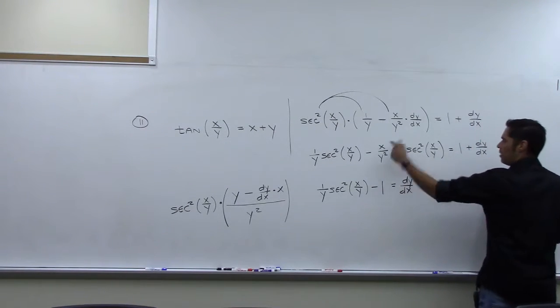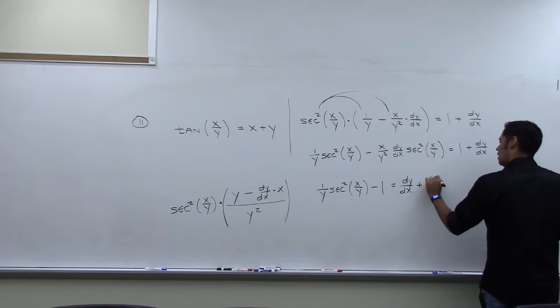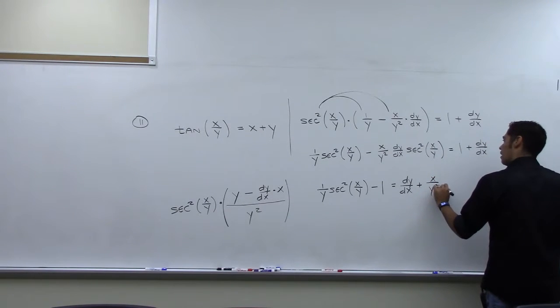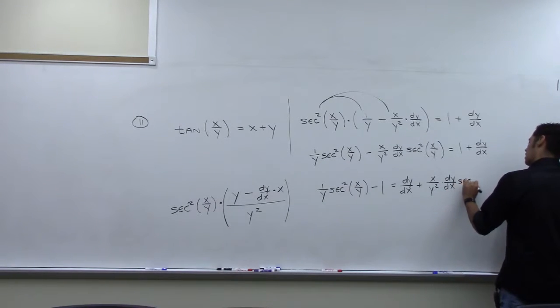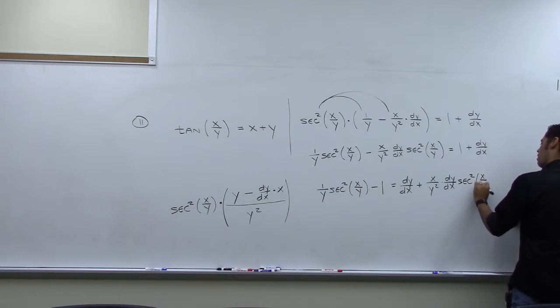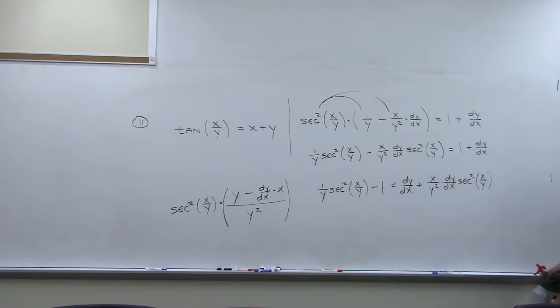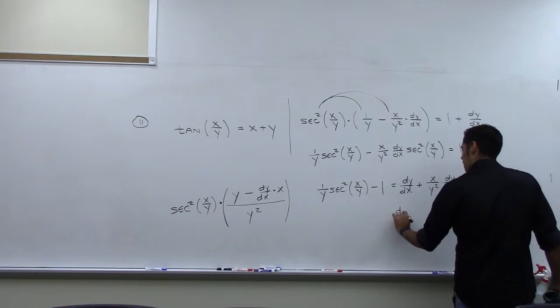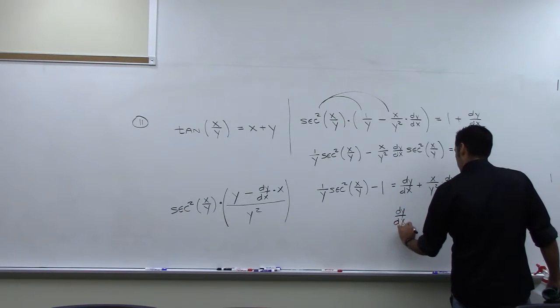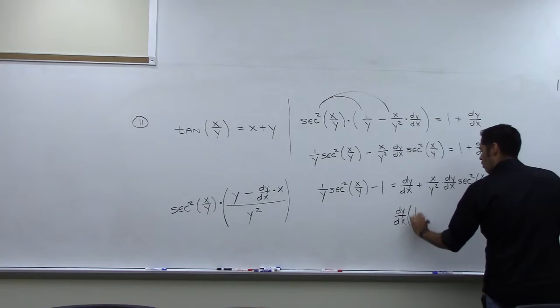But dy dx is still on the right side, and then I brought this whole thing over, so now it's positive. x over y squared dy dx secant squared of x over y, like that. All right, both of these terms have dy dx, so I'm going to factor dy dx out. That was the goal. I'm going to be left with the 1 here.